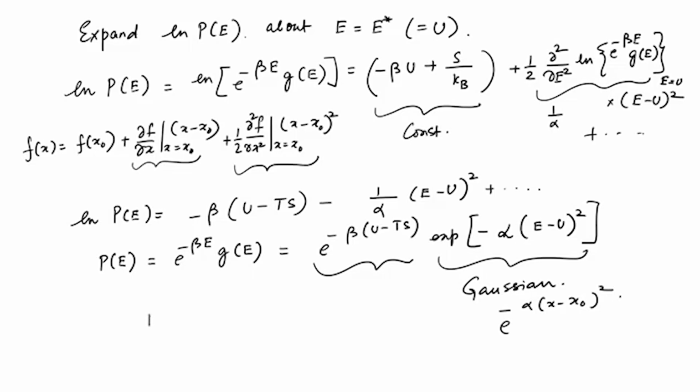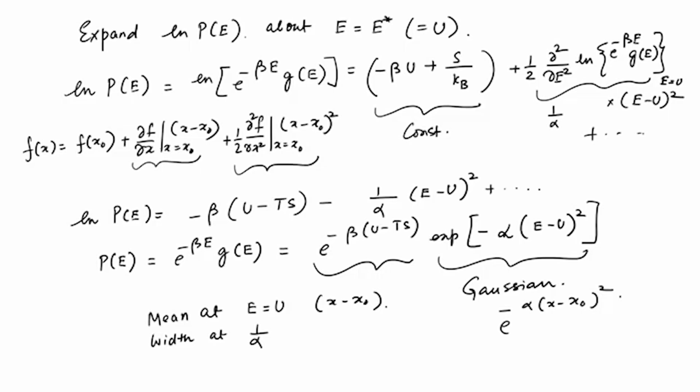So, this has a mean at e equal to u, which means x equal to x 0, and the width of the distribution, what I mean by width is that it is called full width at half maximum, or the second moment is at 1 over alpha, where alpha is a constant which you can calculate by calculating the double derivative of the log of the distribution.